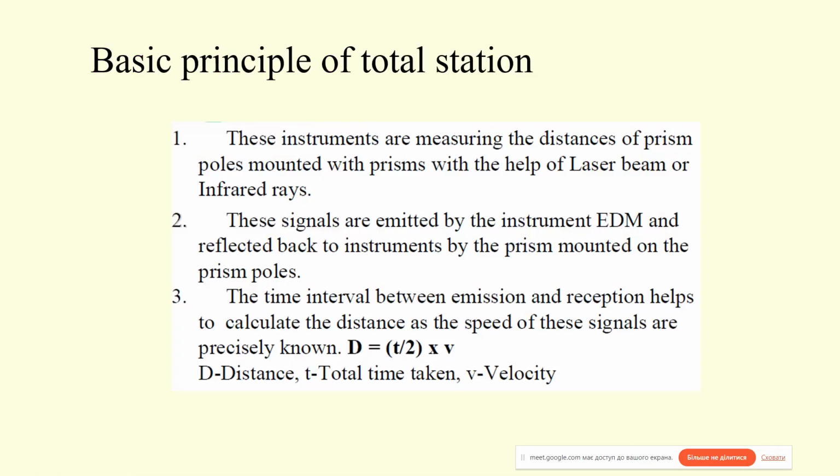These instruments measure the distances of prism poles mounted with prisms with the help of laser beam or infrared rays. These signals are emitted by the instrument EDM and reflected back to the instrument by the prism mounted on the prism poles.